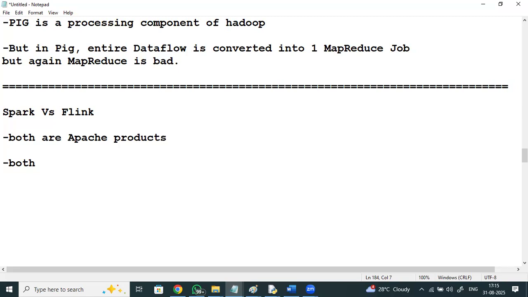Both purpose and objective are the same.